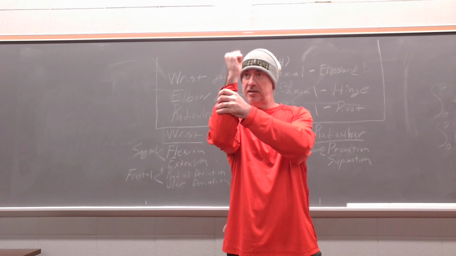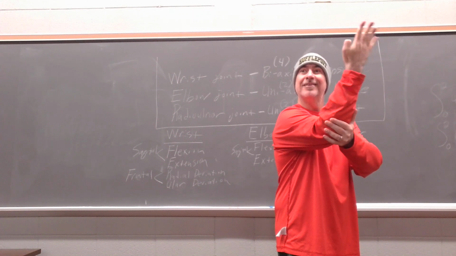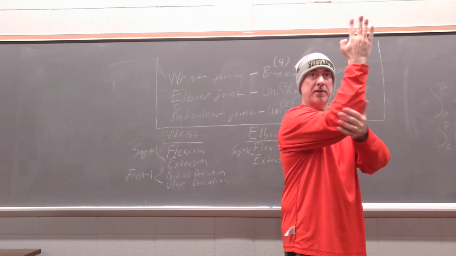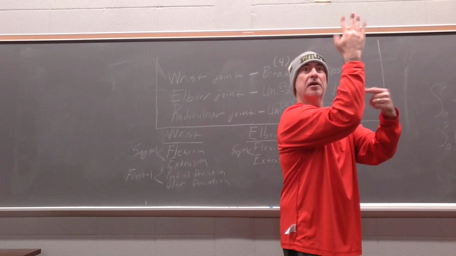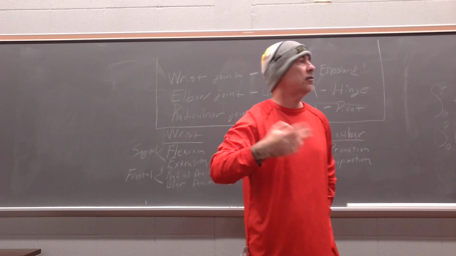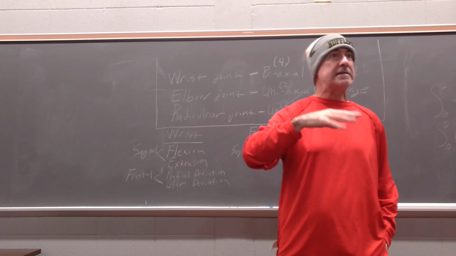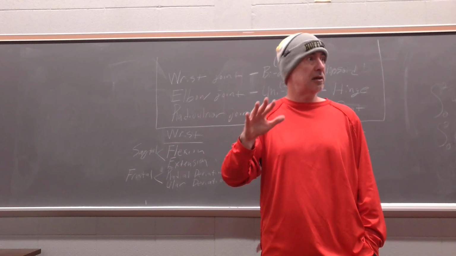It does this and it does this, but it doesn't move in its transverse plane. You have to move your forearm to go in the transverse plane. Notice, if this was happening in the wrist, you wouldn't see my clothing move here. Does that make sense? So one of the things you're going to hear me say a lot is the wrist doesn't twist. The wrist does not twist.